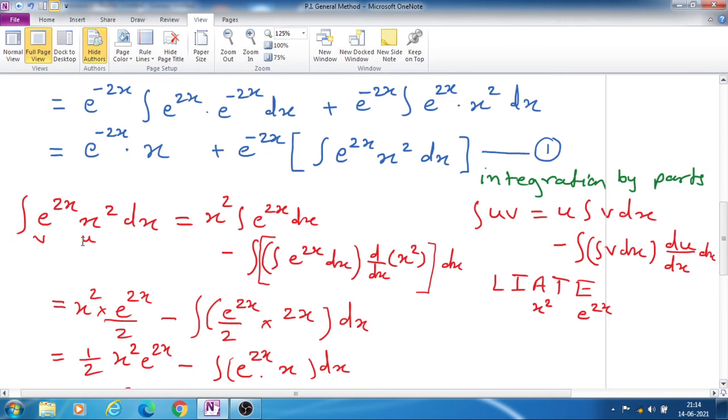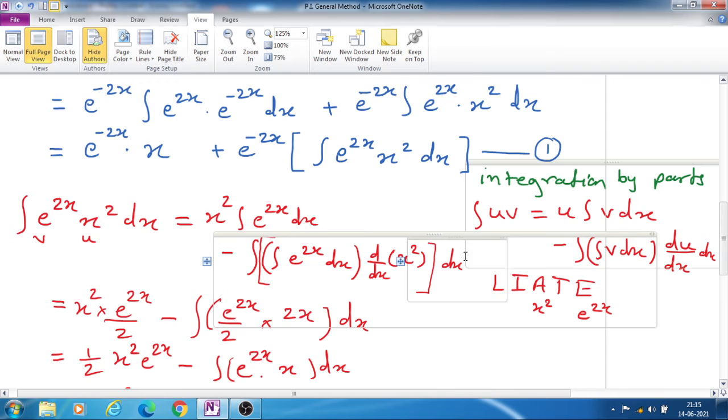E raised to 2x is of the type exponential and x square is of the type algebraic. Whichever comes first in LIATE will be u. Algebraic comes first and then exponential. Therefore we choose the algebraic, x square, as u, and the exponential e raised to 2x as v. And now we use this formula.